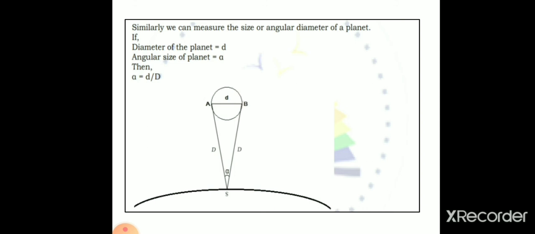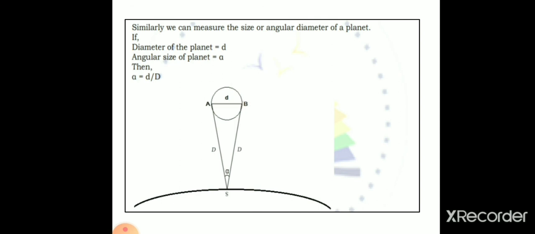Then, according to the equation that we had explained in the previous slide, arc by radius is equivalent to theta. Here, AB can be considered as an arc of a circle and capital D the radius, having center at the point S. Then AB divided by D is equivalent to alpha, or small d divided by capital D is equivalent to alpha.